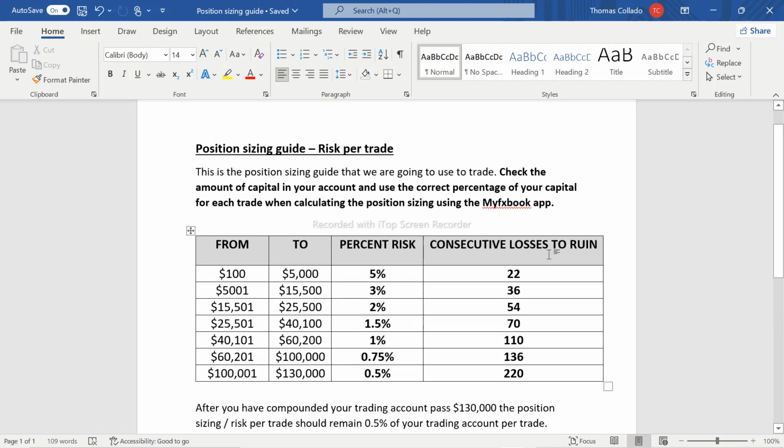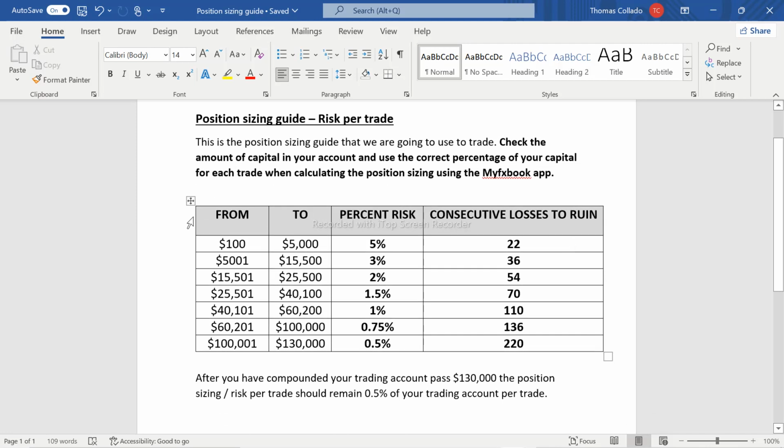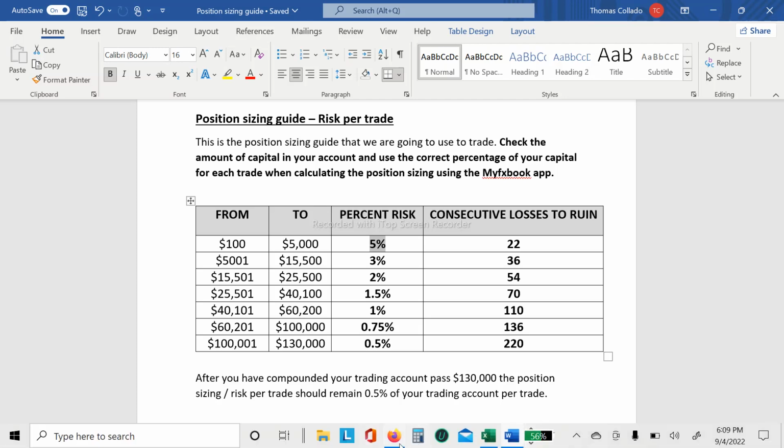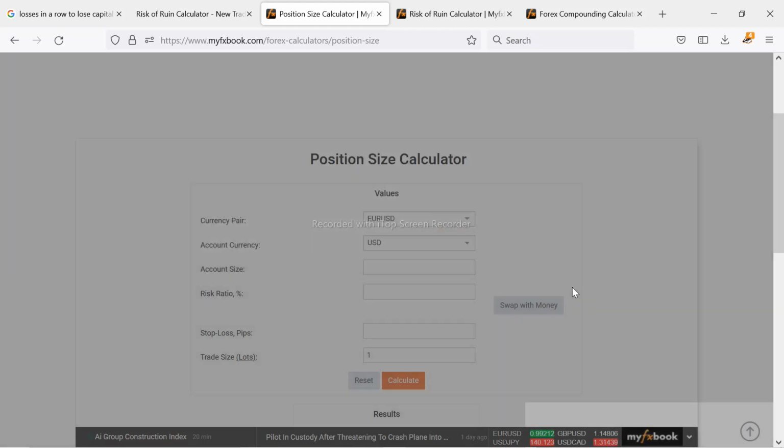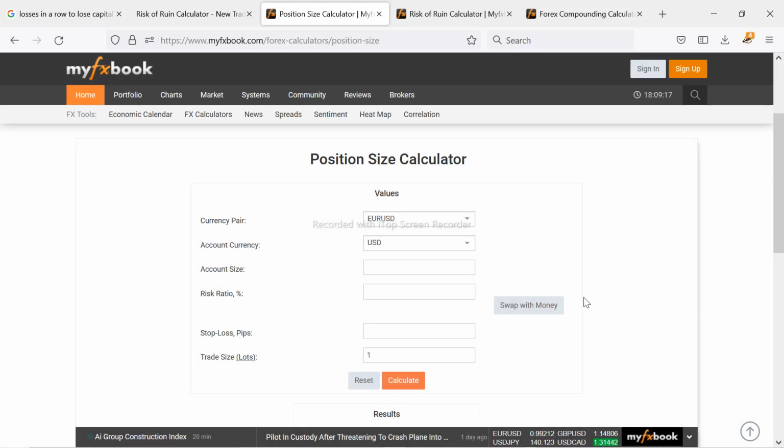Okay. So this is what I share with you guys. Save this. I'll show you how to use it. If your account is between 100 and 5,000, you're gonna risk 5%, and this is how you use it. When you go to MyFX book, the calculator, this is obviously the desktop version, but you have the app.